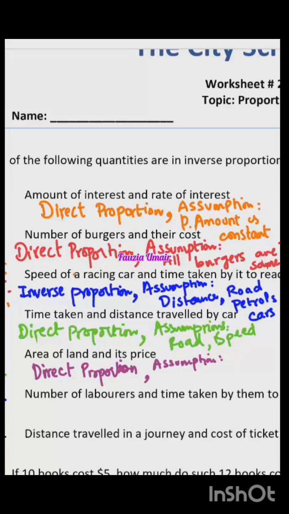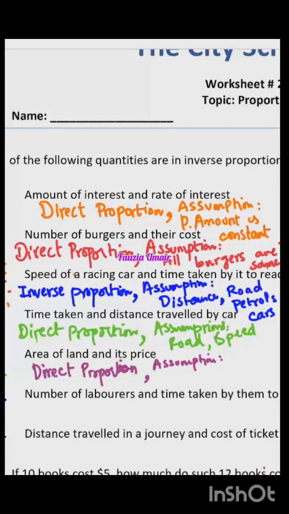Shape of land? Yes, ma'am. What do you mean by shape of land? It is not necessary that it is a square or rectangle. So do you think a square or rectangle makes any difference to the price of the land? Okay Tamajir, yes beta, what do you think?